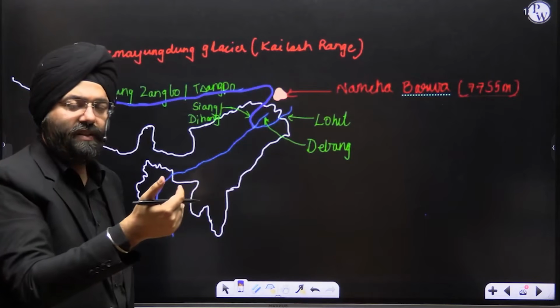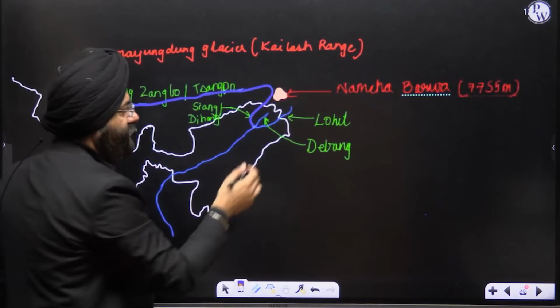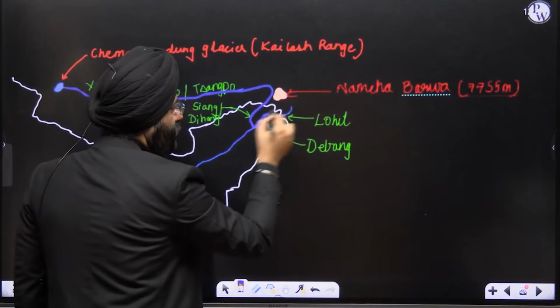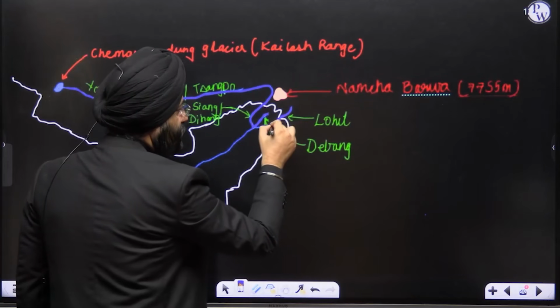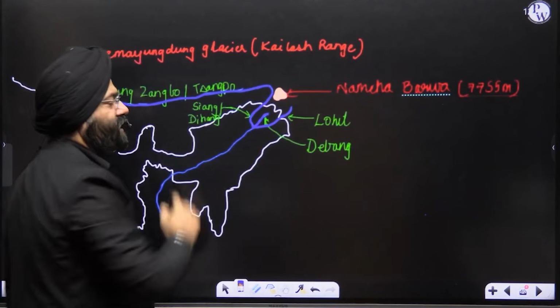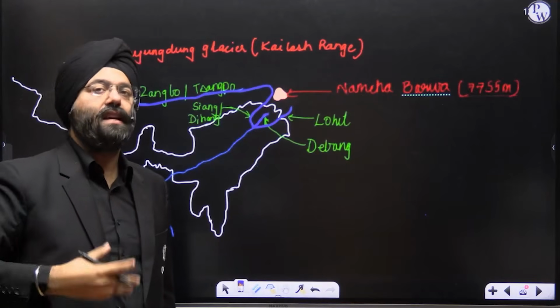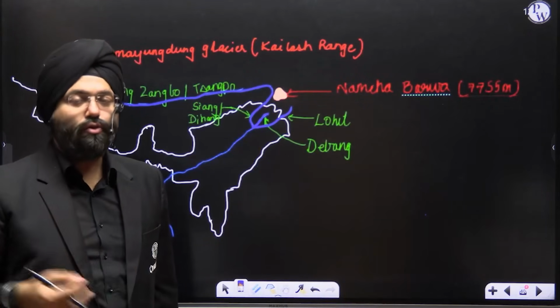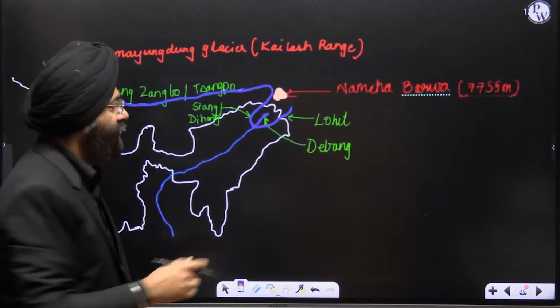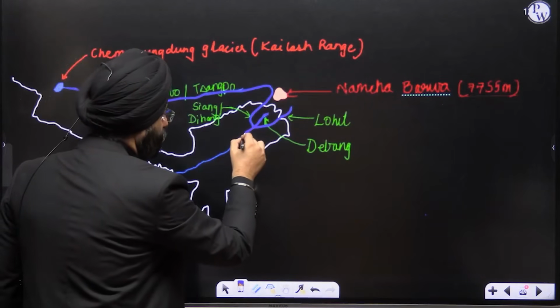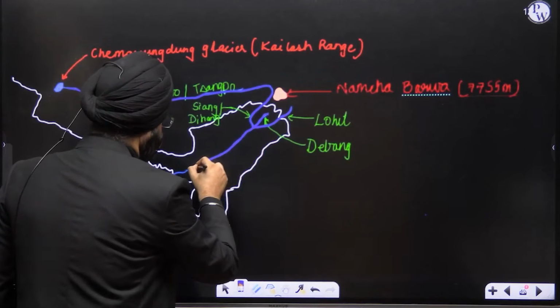Afterwards, after traversing some distance, you realize that the Lohit and Dibang rivers basically meet the Siang or Dihang river, and once the merger takes place, then it is known as the Brahmaputra river, and then what we call Brahmaputra moves ahead, right?